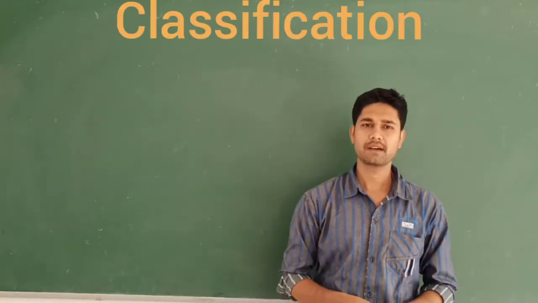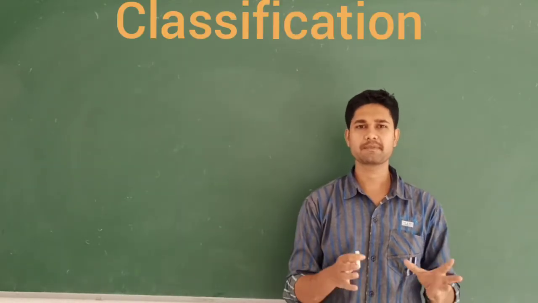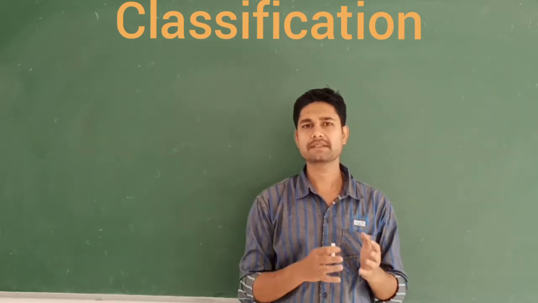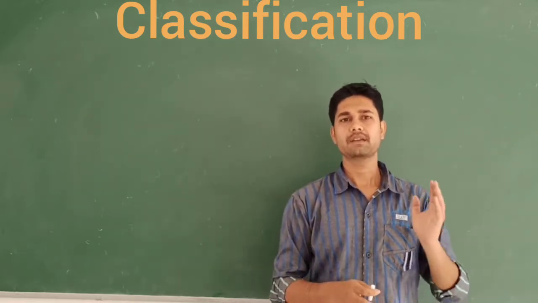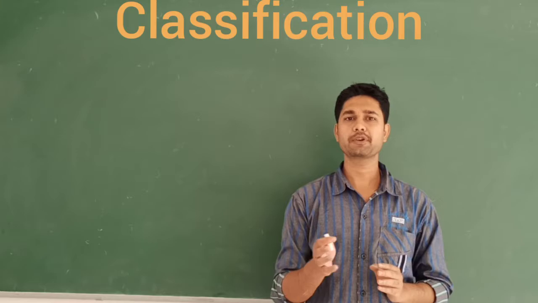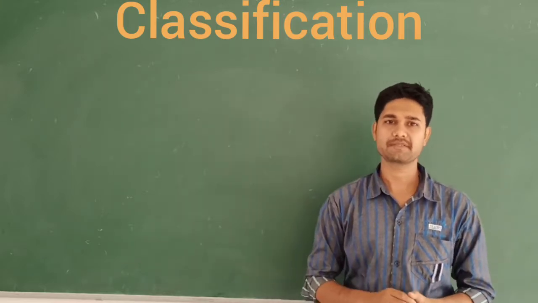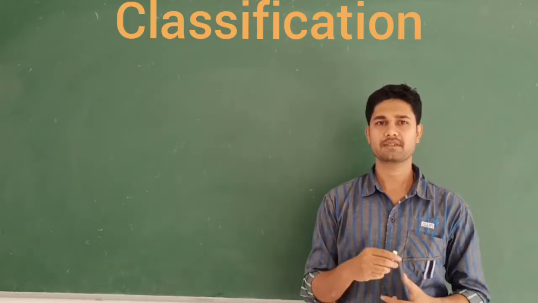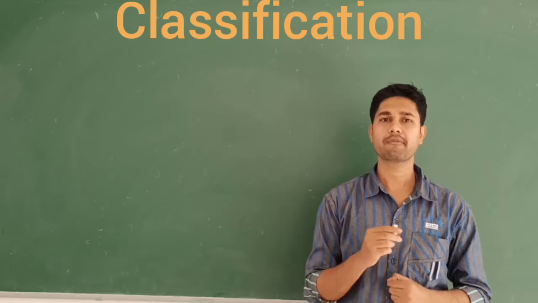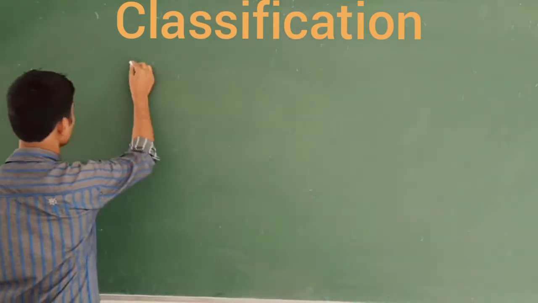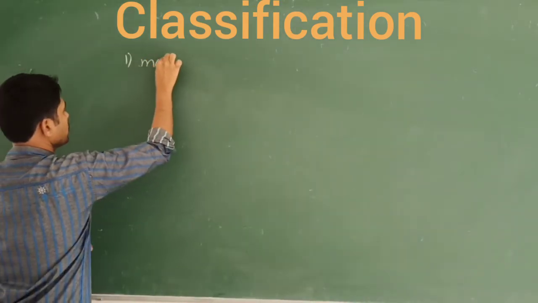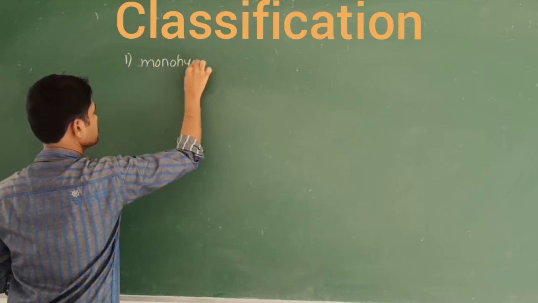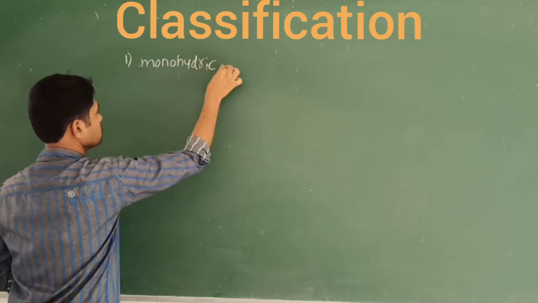So let us take the classification of phenols. It is a very simple classification, based on the number of OH groups directly attached to the benzene ring. The first one is called monohydric phenol.